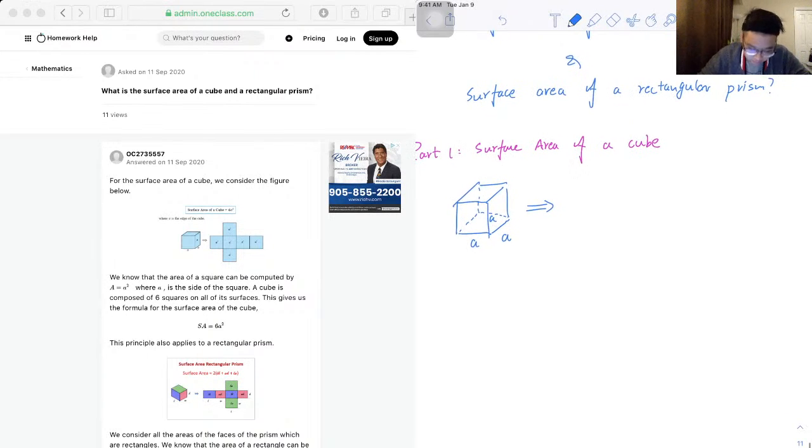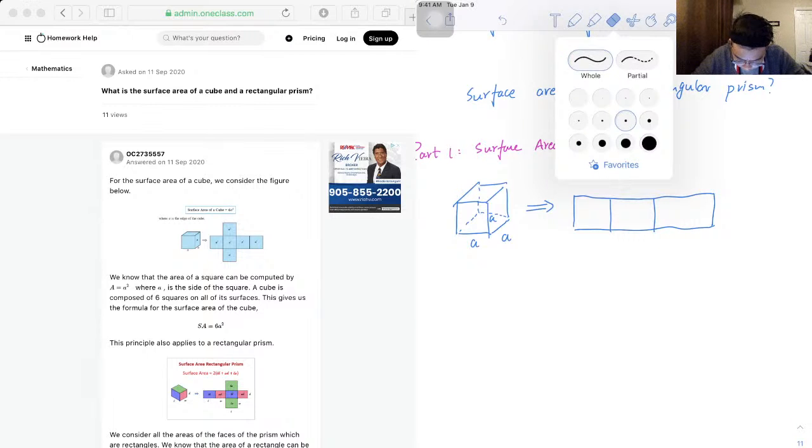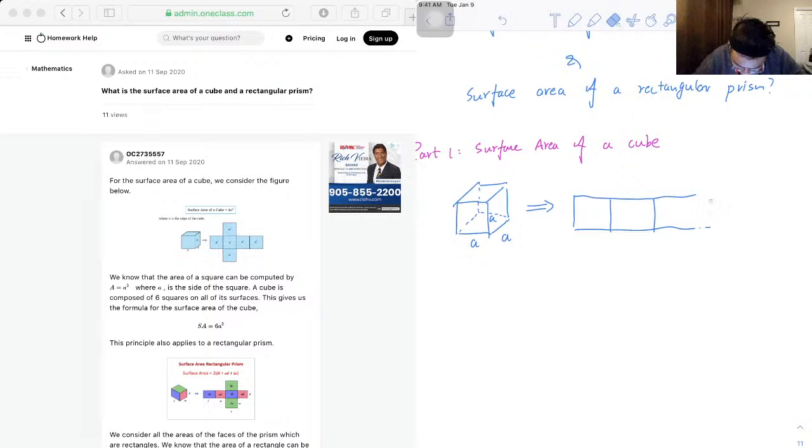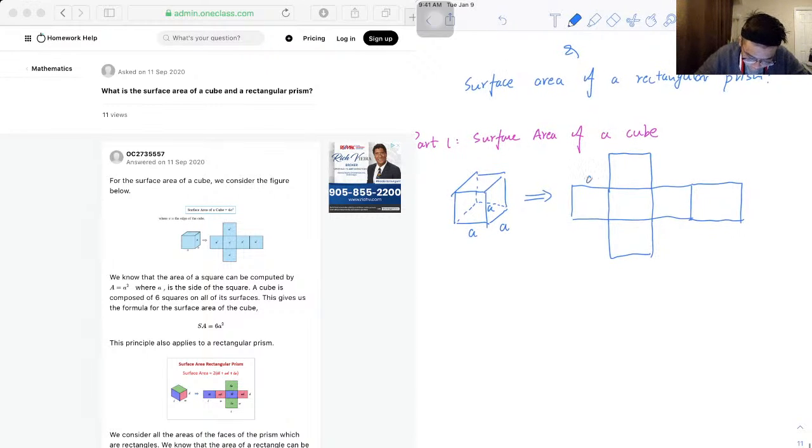So if we want to expand this, it's going to look something like this. And still, all of the sides are equal to a.